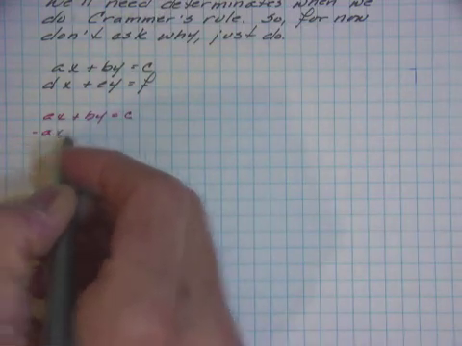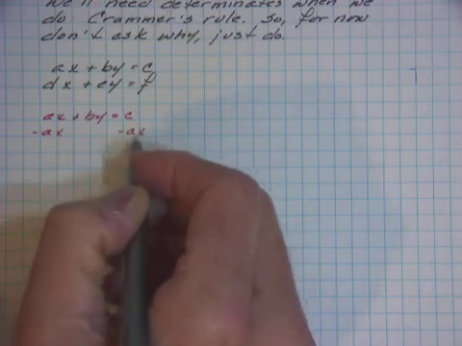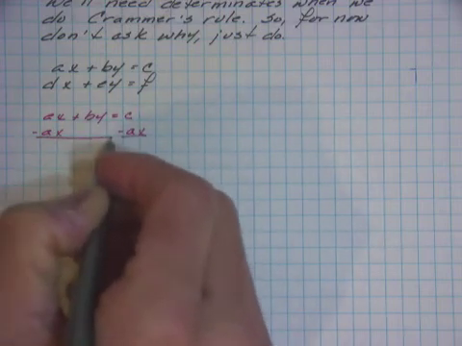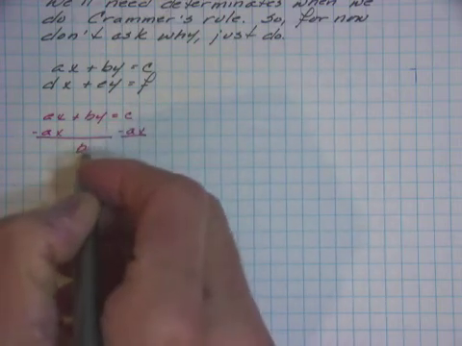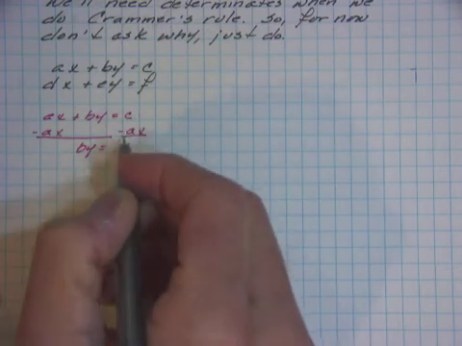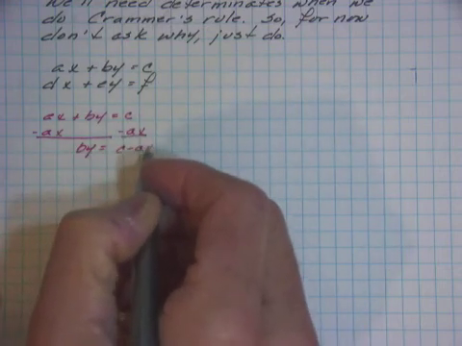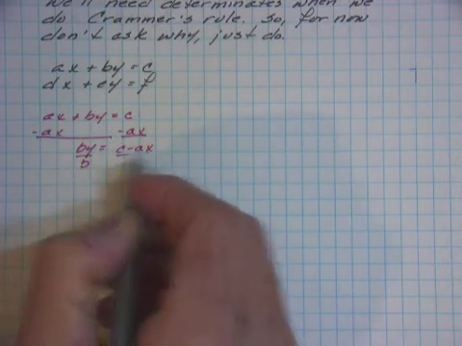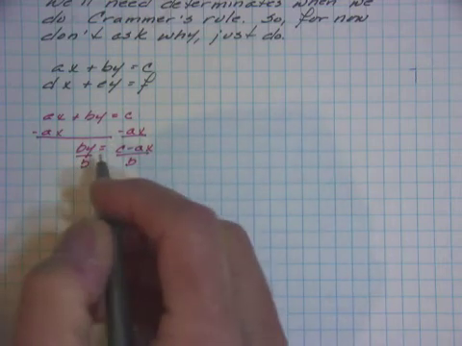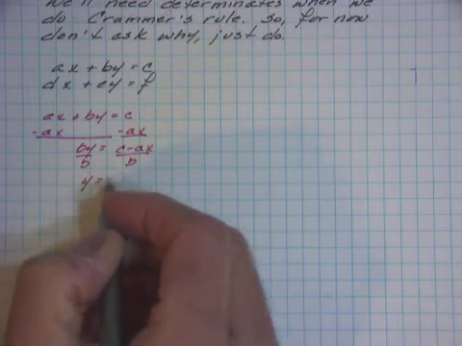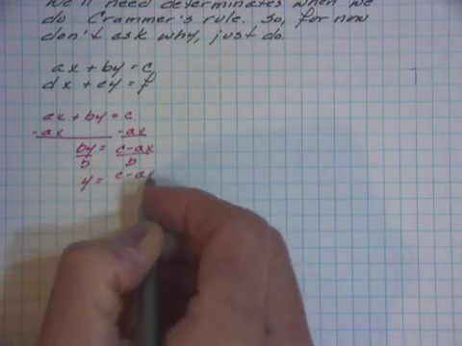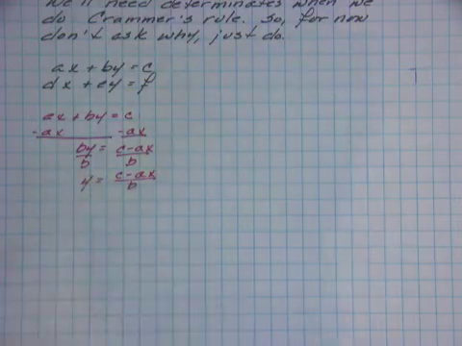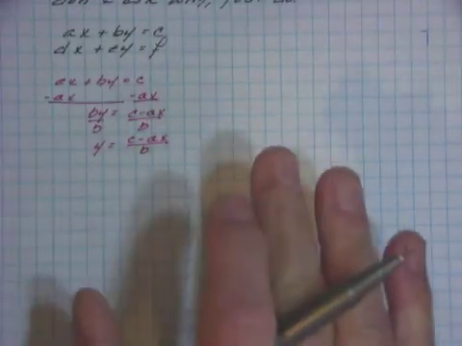And I'm going to subtract ax from both sides. And that gives me by equals c minus ax. And to solve for y, I just divide both sides by b. And I get y equals c minus ax over b. All right, piece of cake.